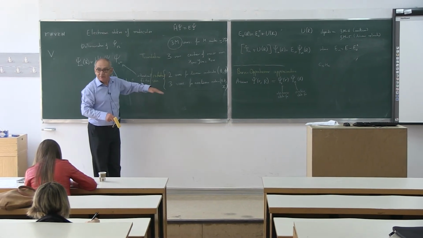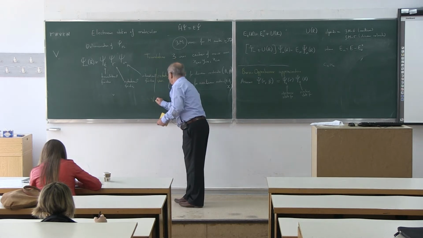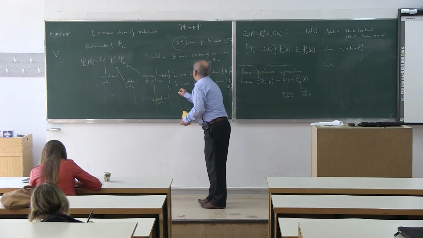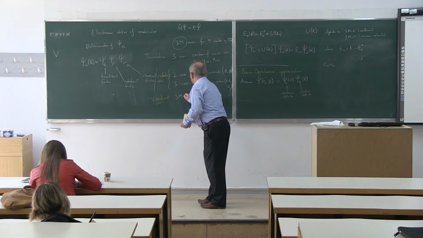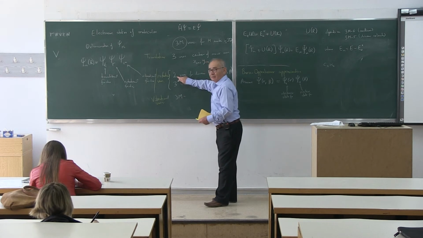The remaining variables are vibrational variables. Vibrational variables are 3 times m minus 3 minus 2 if the molecule is linear.